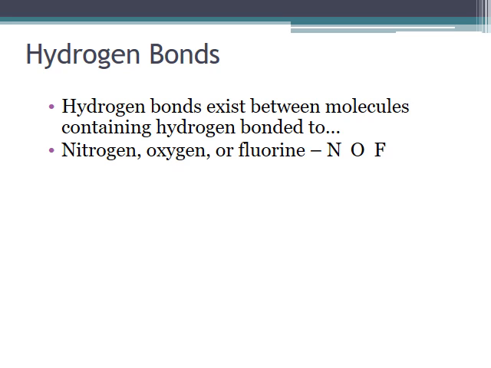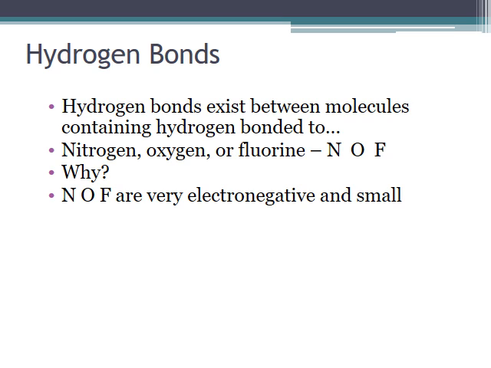Now the hydrogen bond is a specially strong type of dipole-dipole interaction. The hydrogen bonds are stronger because nitrogen, oxygen, and fluorine are very electronegative, giving us a large dipole. They are also very small, and the molecules can get close to each other. Strong dipole, small size, makes for a strong intermolecular force.